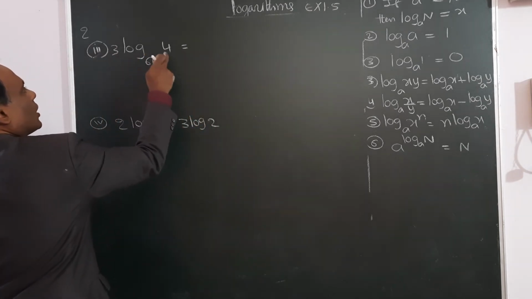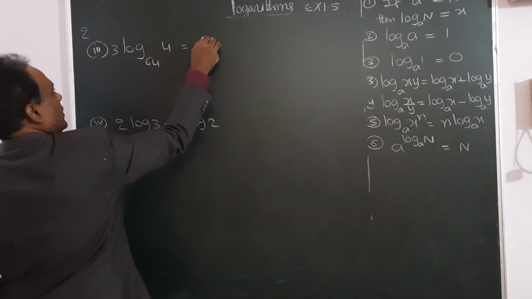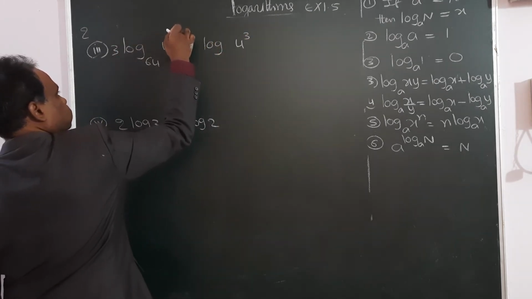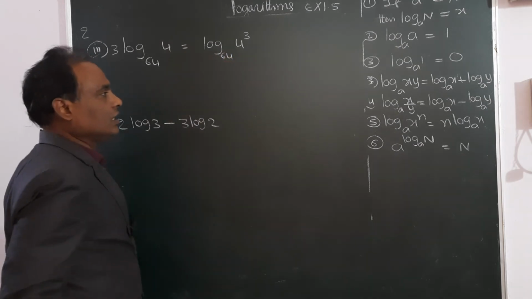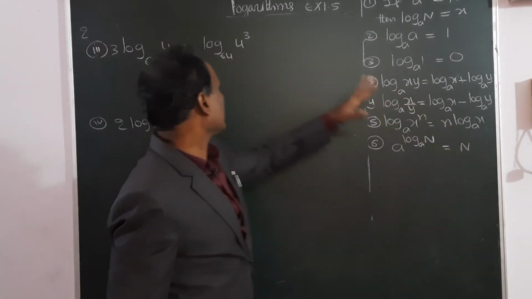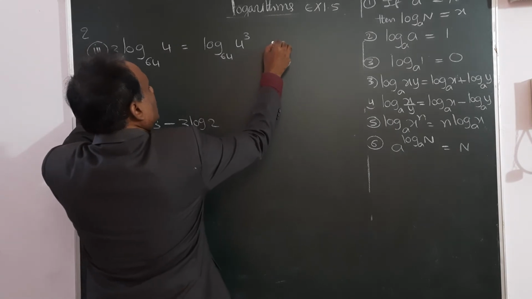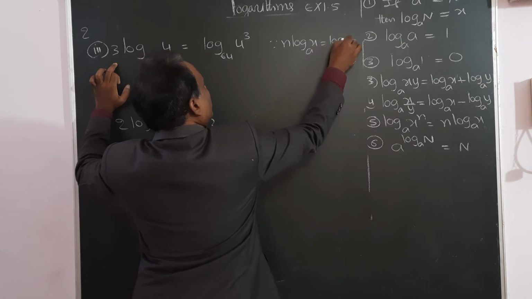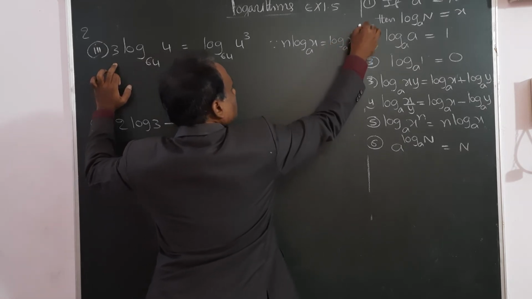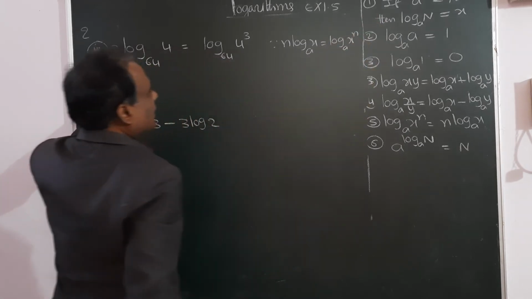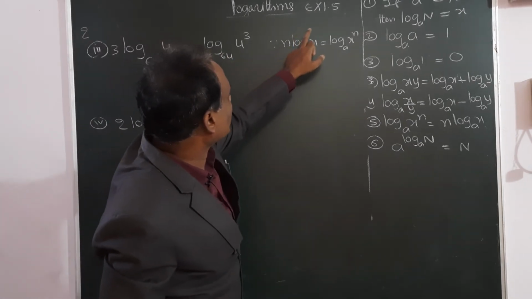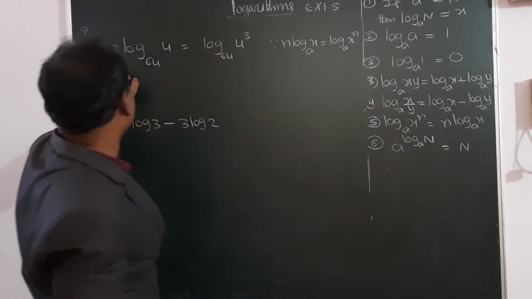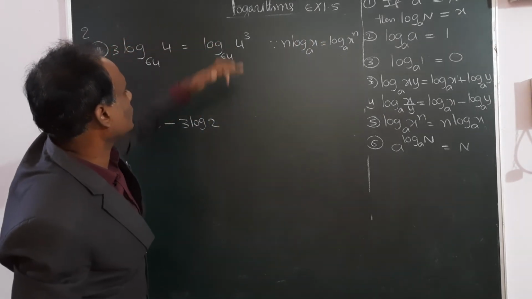So n into log m is log m power n. This will become log 4 cube base 64. This formula is applied in reverse order. That means n into log x can be written as log x power n to base a. If it is a multiplication, this will become the index for this value. This n will come as a power. In the same way 3 will come as a power for 4.